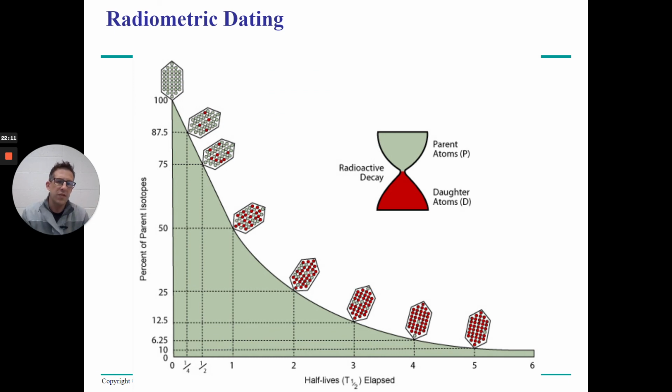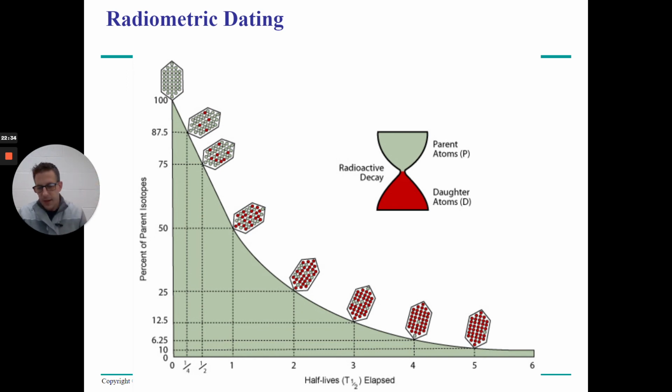Okay. So let's just spend a little bit of time on each one of these. Not a lot of time, just a little bit of time describing what radiometric dating is, and also geographic dating. Radiometric dating uses a technique where they look for certain types of radioactive isotopes.